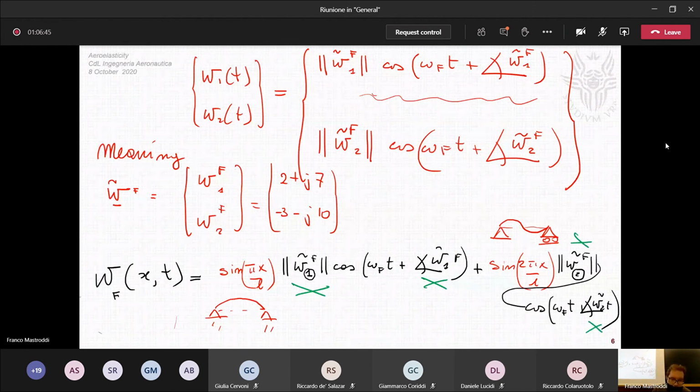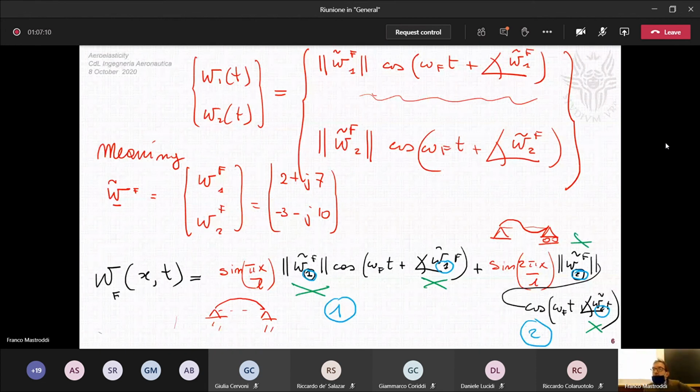Okay, and you have the contribution here for the first component, and here for the second component. So, first mode of vibration, first component, second mode of vibration, second component.